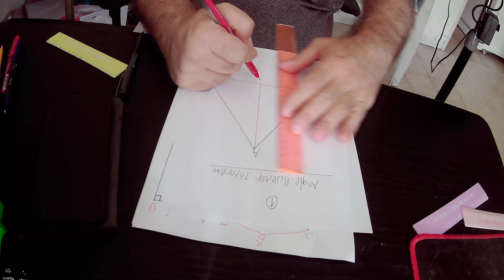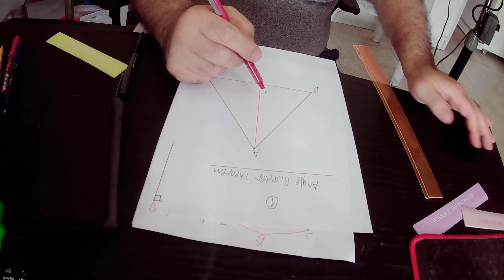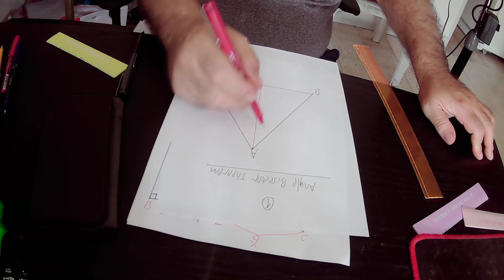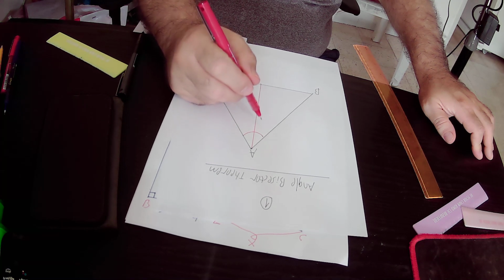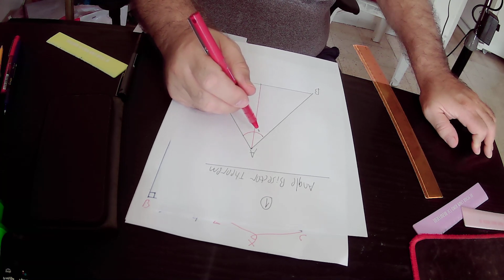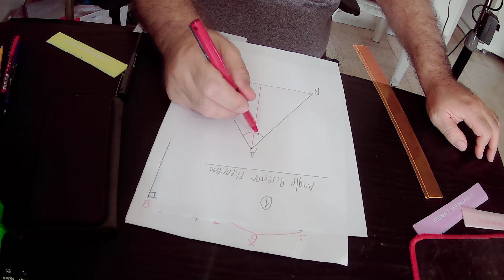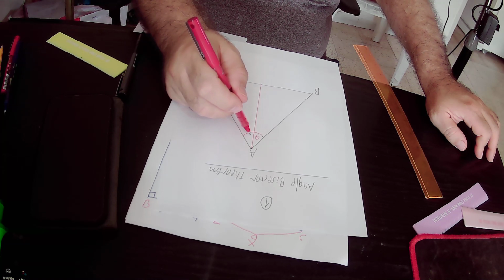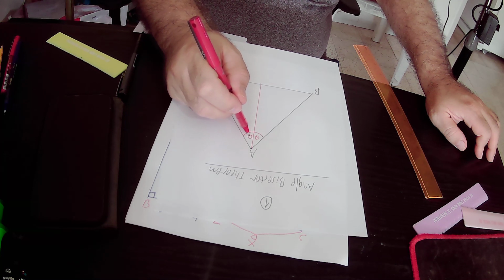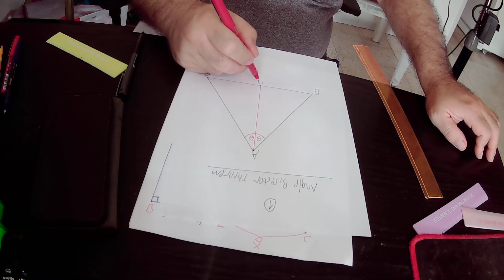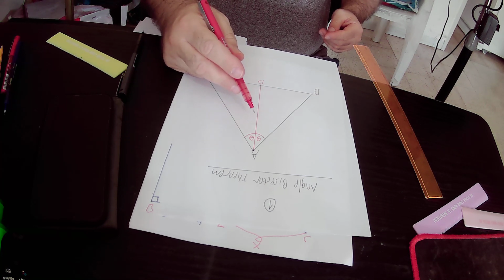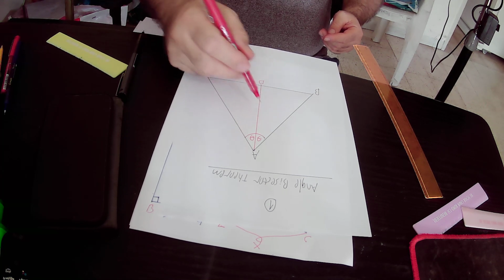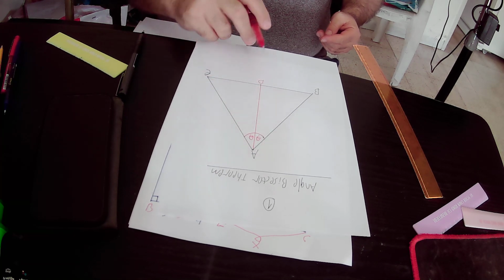What is angle bisector? It actually bisects angle BAC. This angle, that is to say, it divides it into two equal parts. If this angle is theta, then this angle will also equal theta. So angle bisector AD divides angle BAC into two equal parts. It bisects angle BAC.